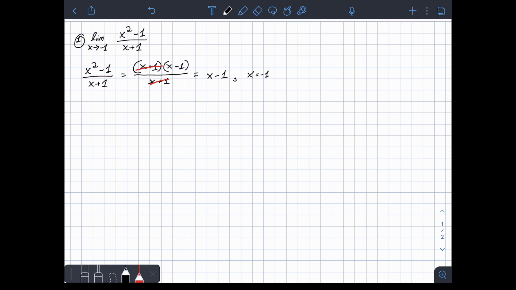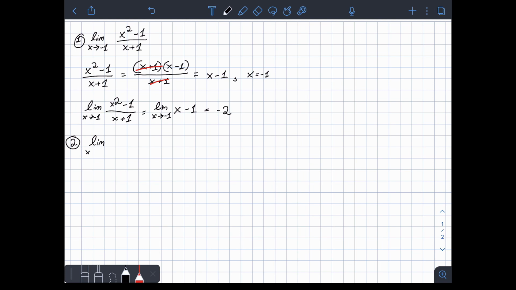So because of that theorem that we have, the limit as x approaches -1 of (x squared minus 1) over (x plus 1) is equal to the limit as x approaches -1 of the function x minus 1, which, using direct substitution, because there's no issue with that now, is equal to -2. So that's how that works. It's the dividing out technique, when you're able to divide out a factor that makes it not 0 over 0.